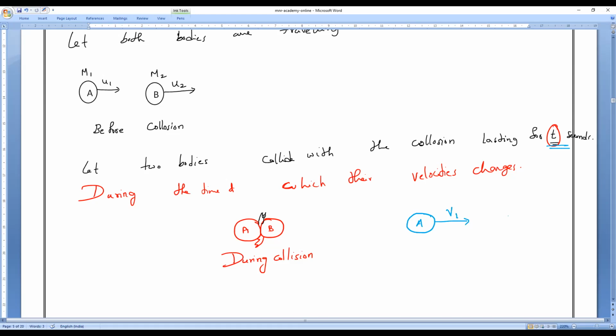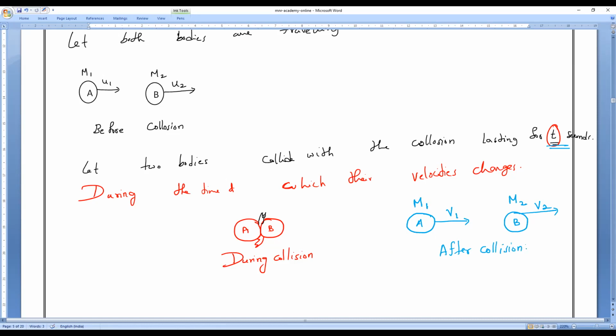Let me take that both are traveling in the same direction after collision also. The masses of the bodies remain constant, M1 and M2. So this is after collision. Everybody clear?